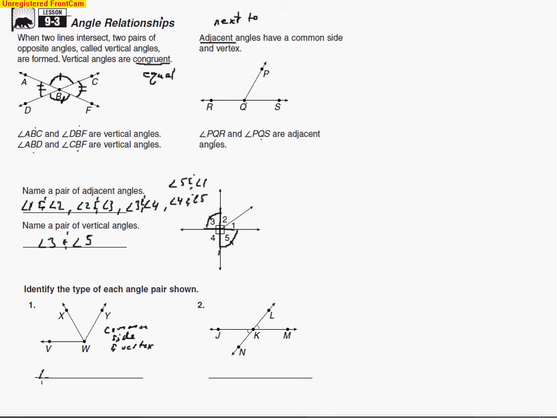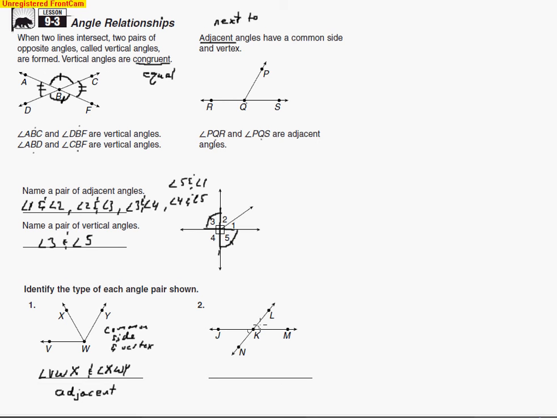So I would say angle VWX and angle XWY are adjacent. They're adjacent angles because they share that common vertex right here at W, and they share that common line, that wall.